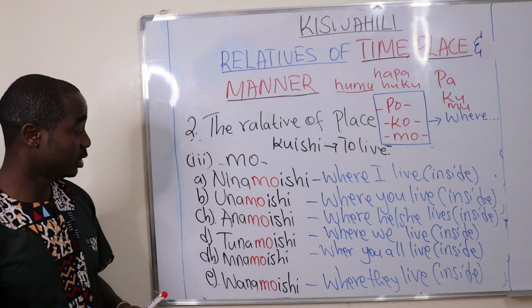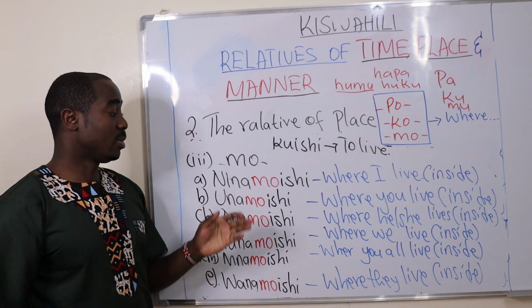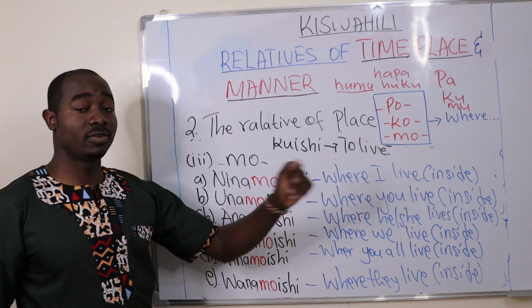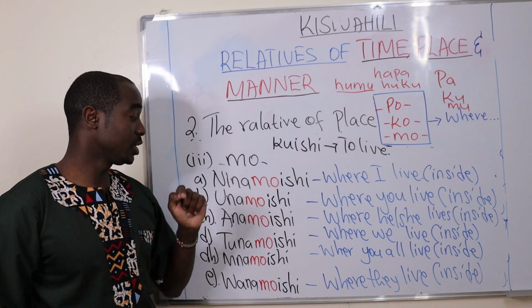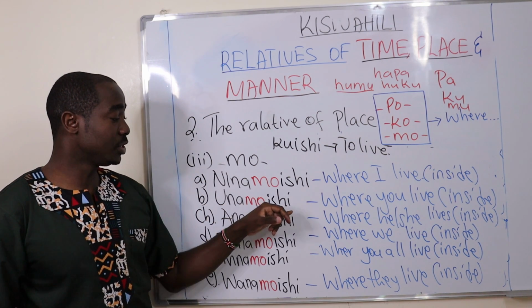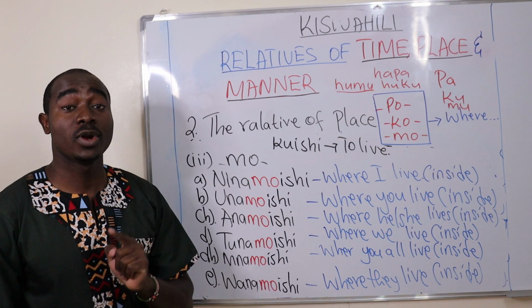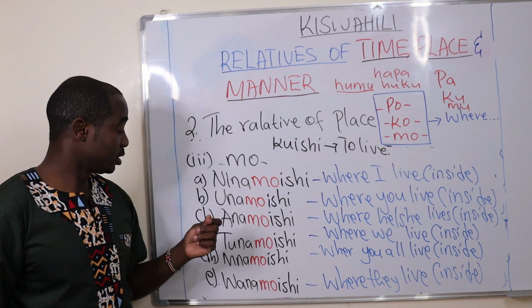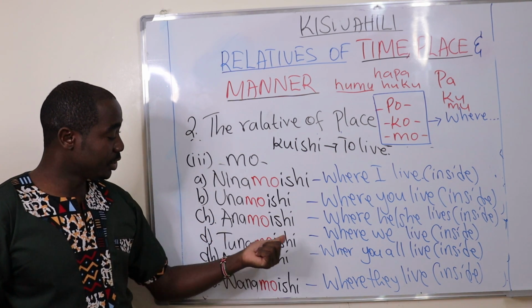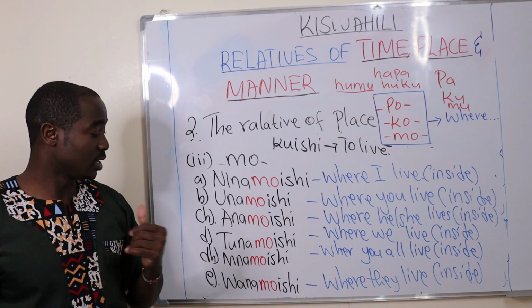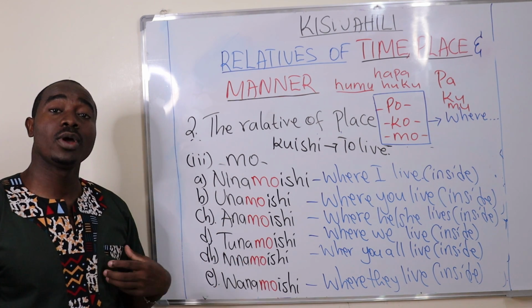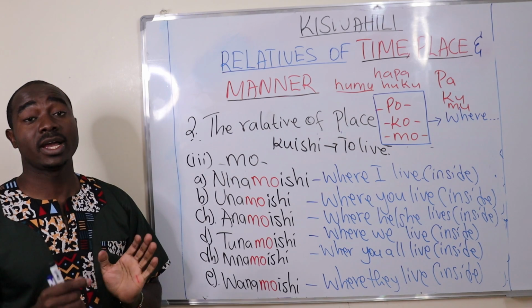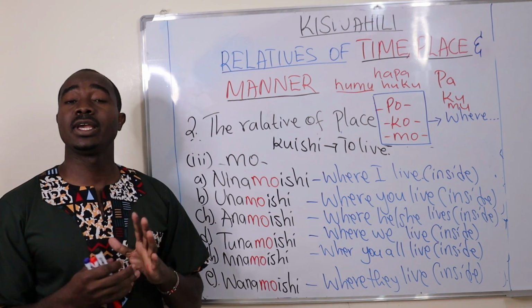See? Ninamoishi, where I live. Unamoishi, where you live. Anamoishi, where he or she lives. Tunamoishi, where we live. But again, I'm stressing, this is inside location.